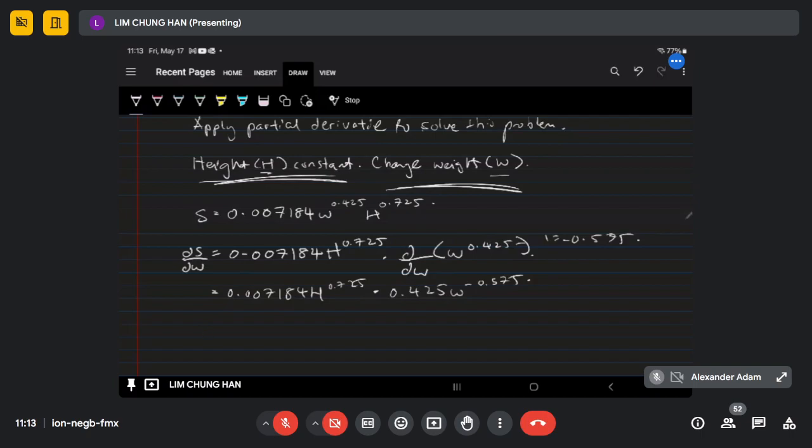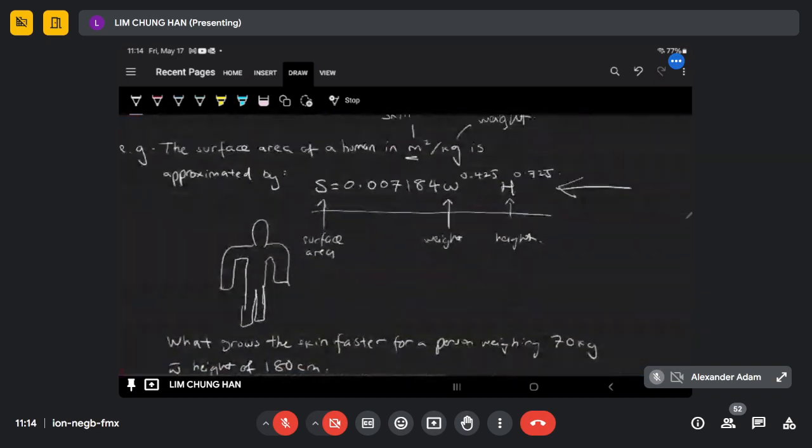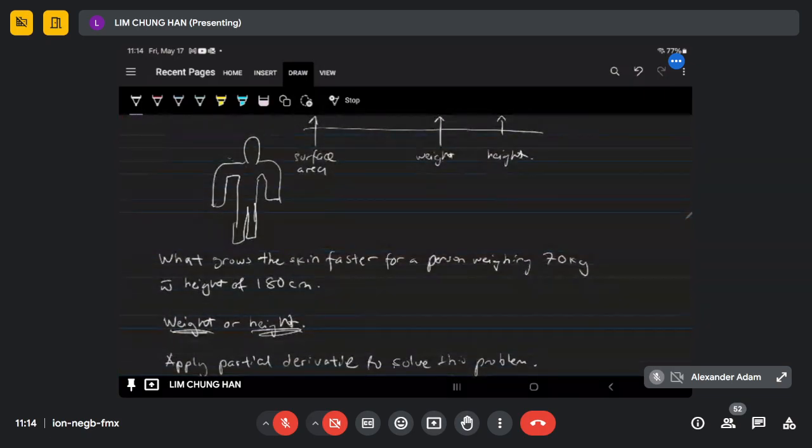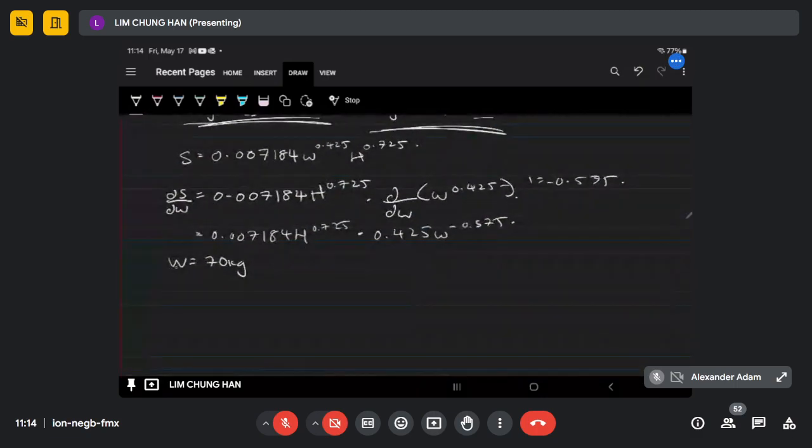Now, next, we know our W. What is the weight of that guy just now? 70 kilograms, right? In the question. 70 kilograms, height 180.